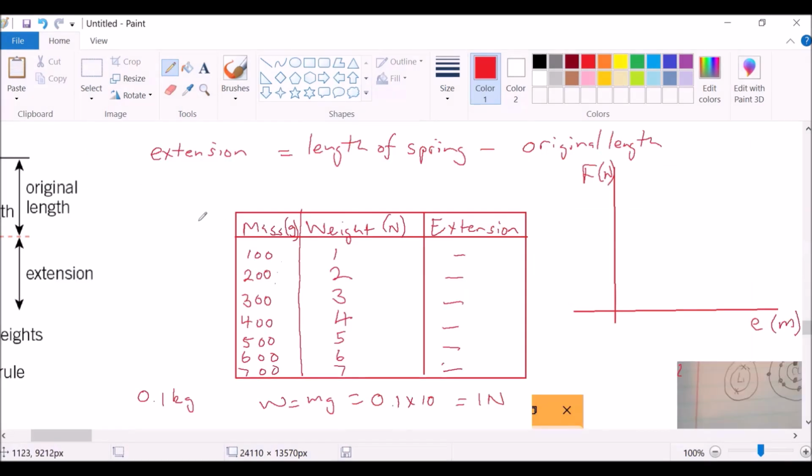So to get the extension in meters, we divide by 1,000 to convert from millimeters to meters. So we may have our graph in standard units, newtons and meters. So understand the conversion from mass to weight and millimeters to meters.